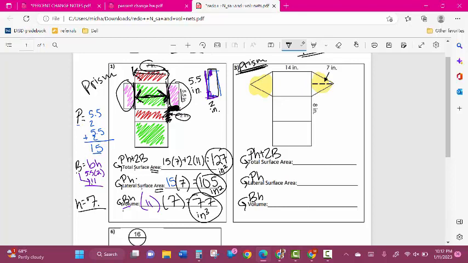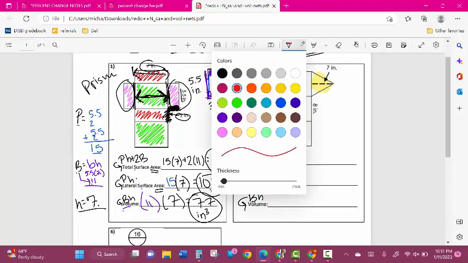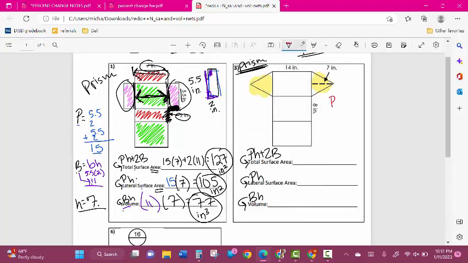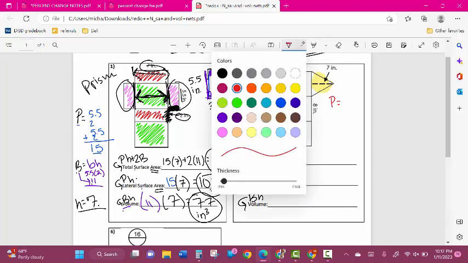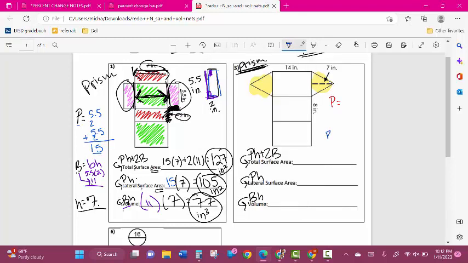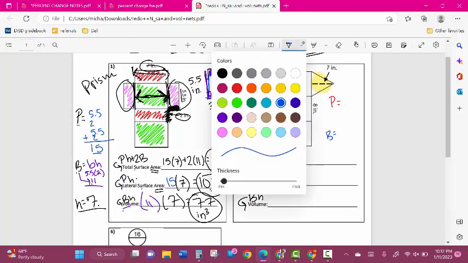And volume of a prism is big BH. Okay, so then in order to evaluate those things, I need to identify what big P is. I need to identify what big B is. And I need to identify what little h is.